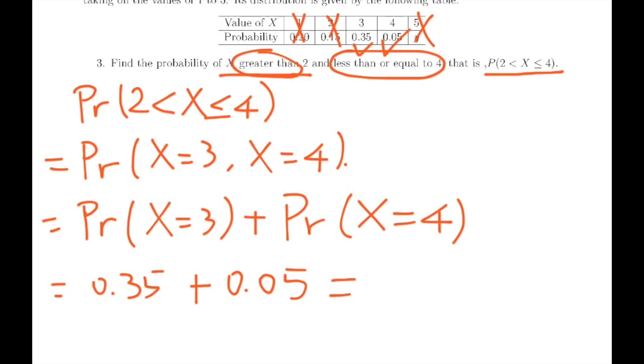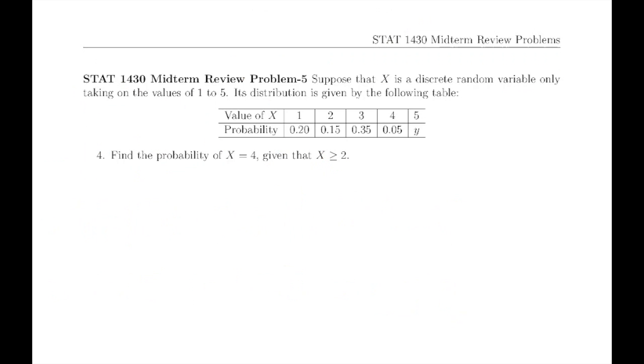Alright, now let us look at the fourth problem in this problem set number 5. We want to find the probability of x equal to 4 given x greater than or equal to 2. So basically, this is a conditional probability.